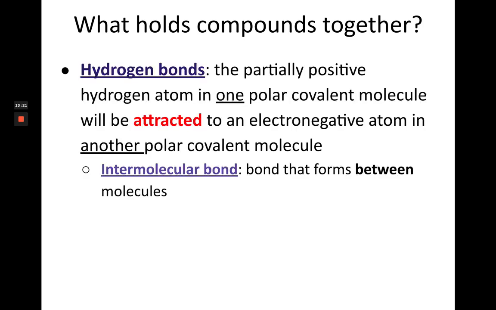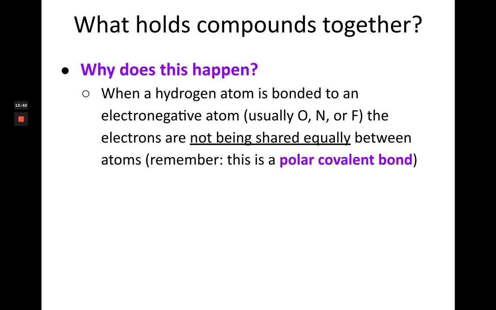So remember, our hydrogen bonds are going to occur between a partially positive hydrogen atom of one polar covalent molecule to the electronegative atom in another polar covalent molecule. And the fancy word for this is intermolecular bonds, and that's going to form between molecules. So why does this happen?